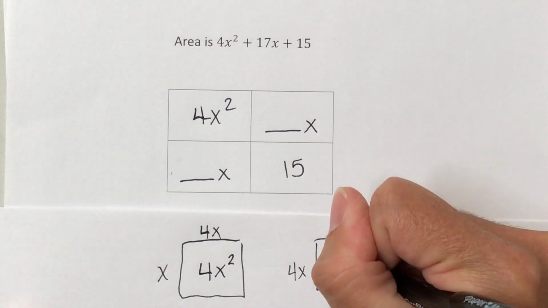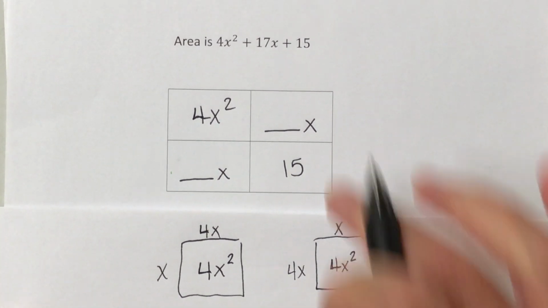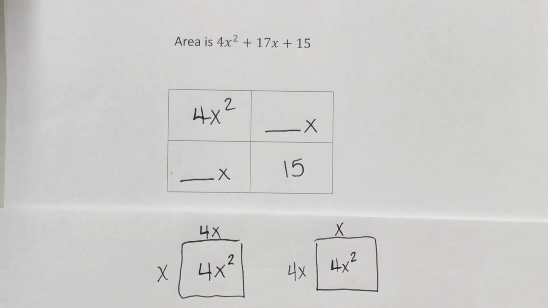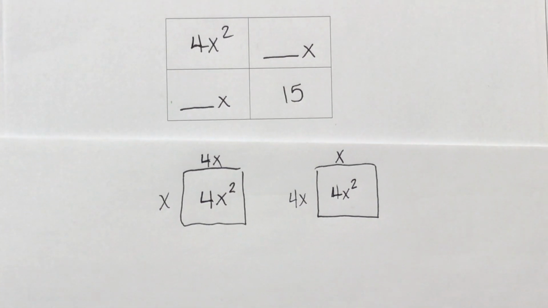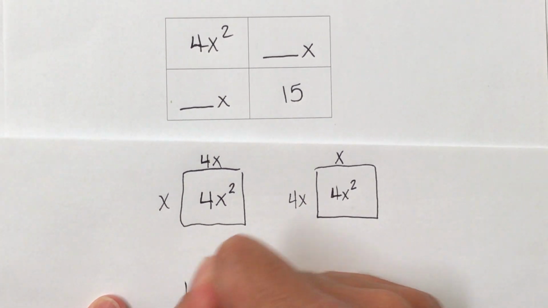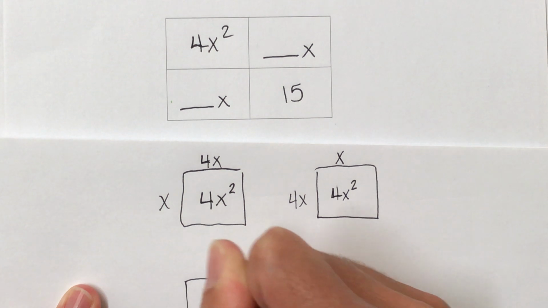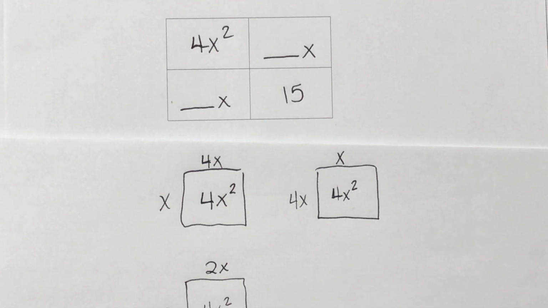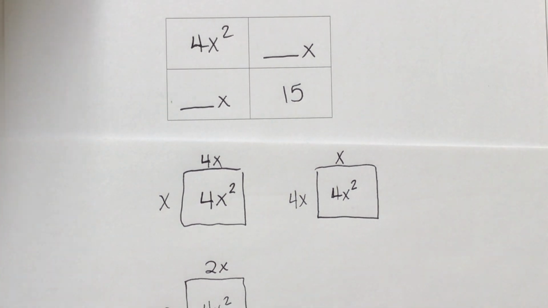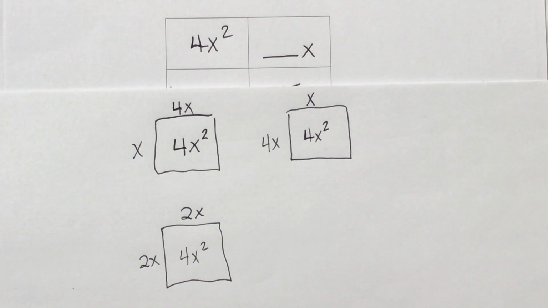And as we learned before, the way we write it does matter because it also affects what goes inside here and here. But not only do I have a 4x and an x that could work, but what about 2x by 2x? So right now, just for that first box, notice how I have 3 options.